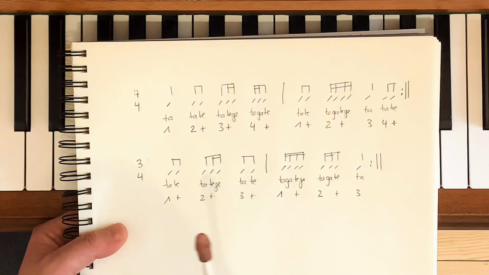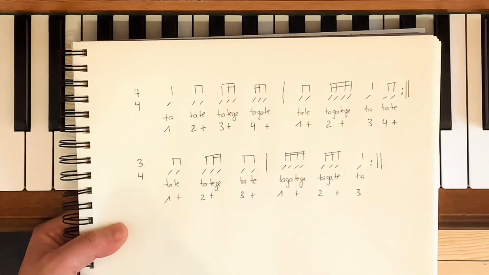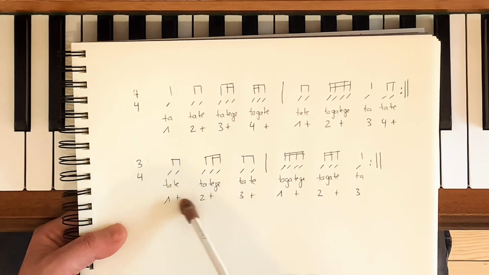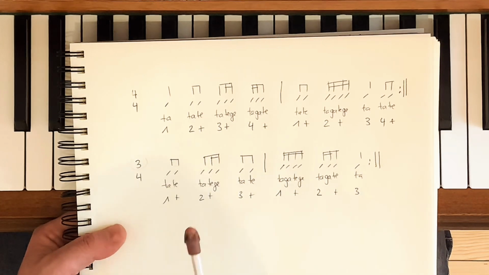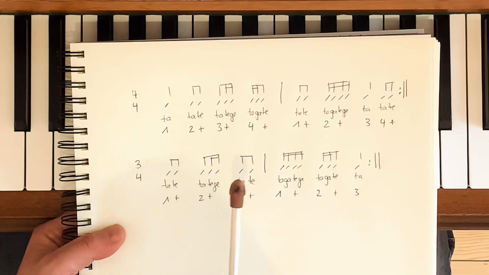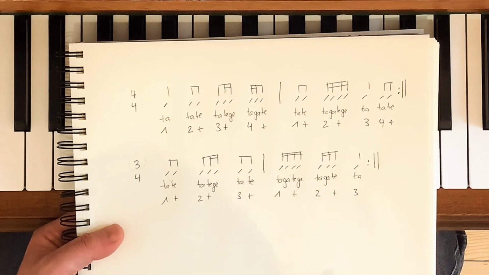That's also a possibility, that you count 1 and 2 and 3 but you clap or you use a pencil or something like that to play this ta te ta tege. That's a little bit more difficult with counting. I made a little mistake here, sorry for that.